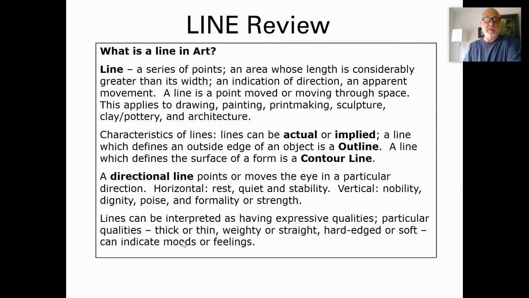Now, the characteristics of a line can be actual or implied. A line which defines the outside edge of an object is called an outline, and a line that defines the surface of a three-dimensional form is a contour line. Lines can be interpreted as having some expressive qualities too. They can give the impression of strength and stability, nobility, formality, movement.